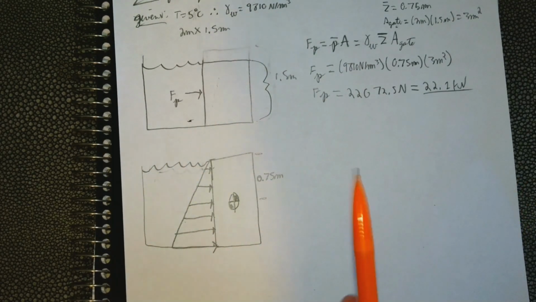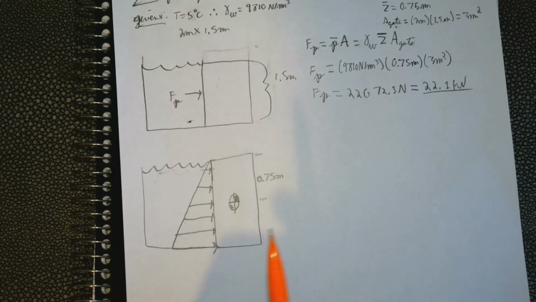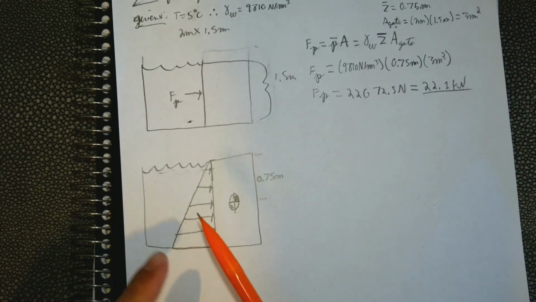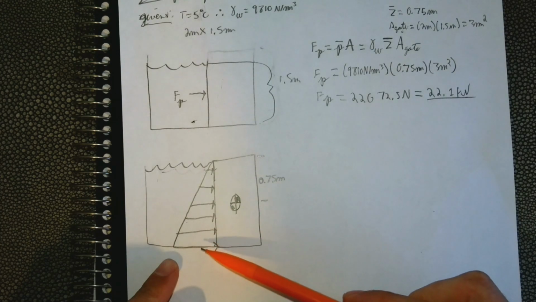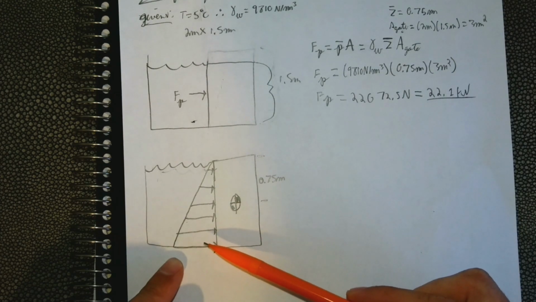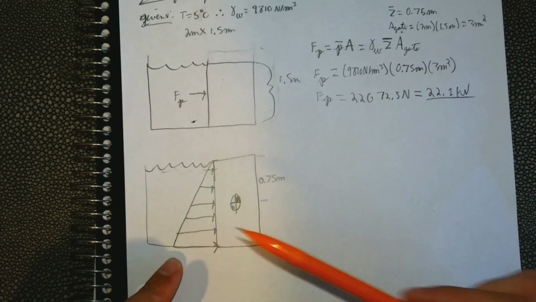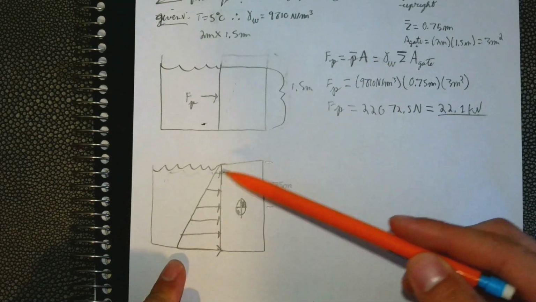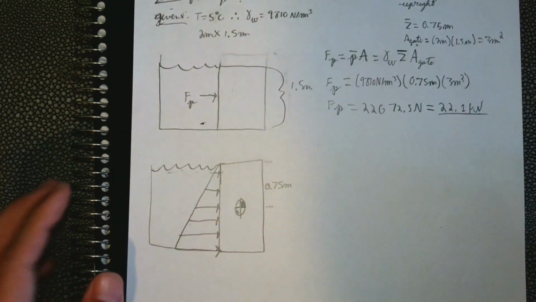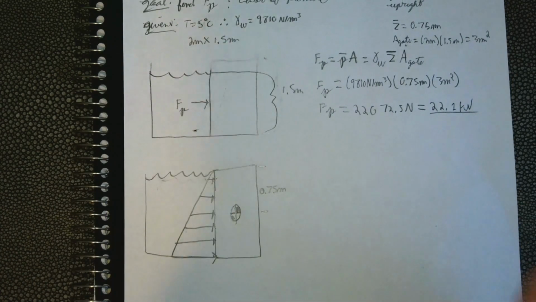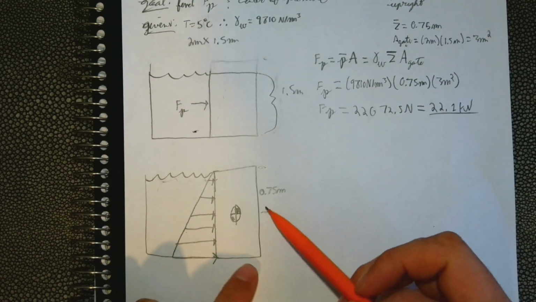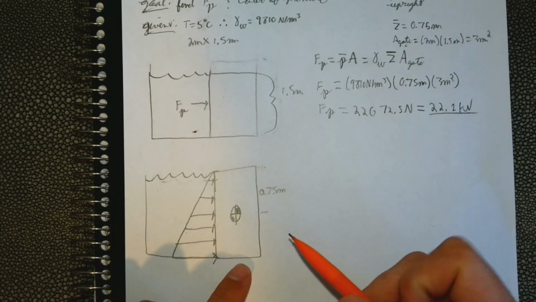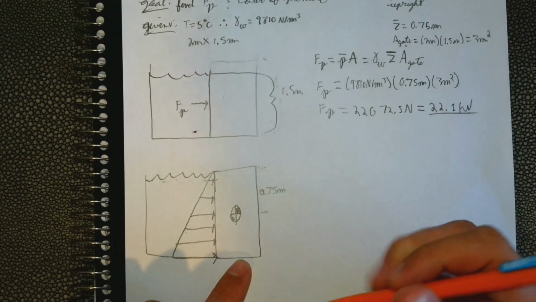If the gate was curved or at an angle, this would not apply. The part that would still apply is that the farther down in the water you get, the more pressure it would have on the gate, but it wouldn't create this perfect right triangle of pressure. That only occurs when the gate is completely upright.